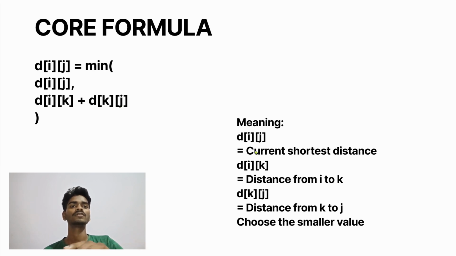So we will choose the smaller value between d of ij and the sum of d of ik plus d of kj.